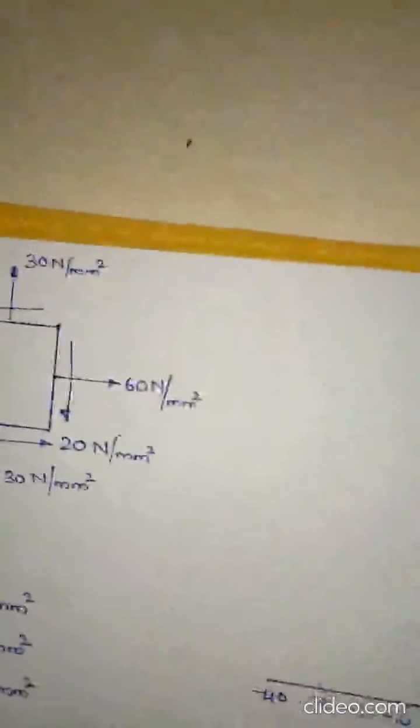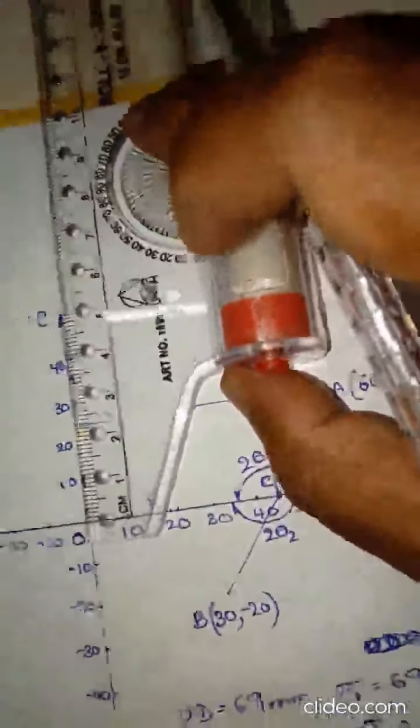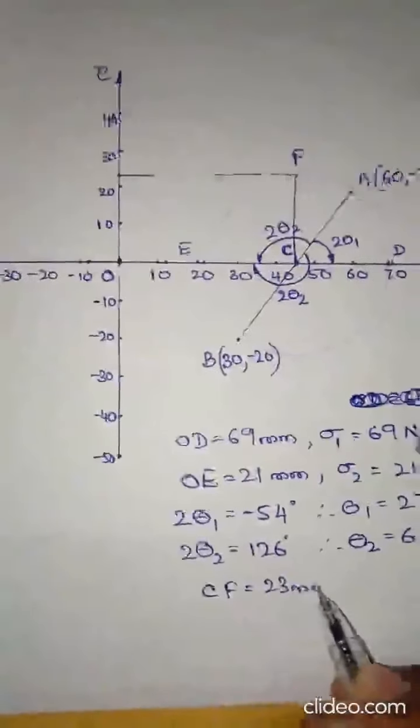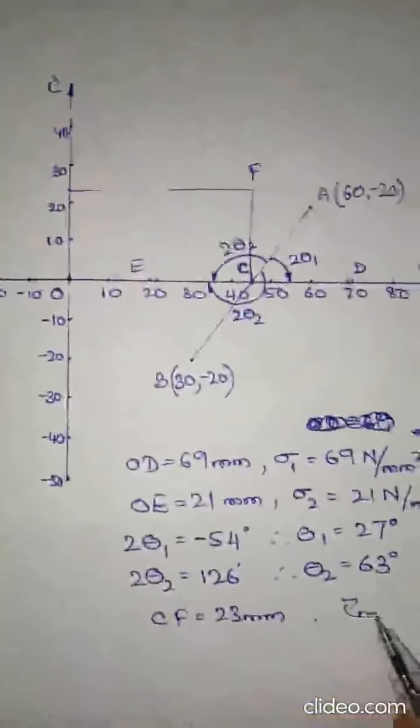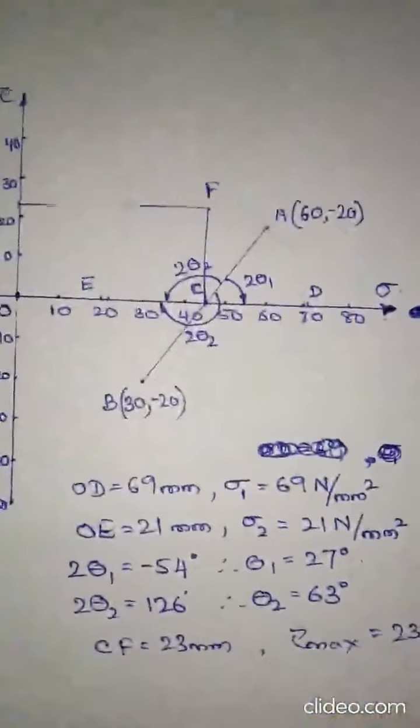From the zero line, it is about 23 mm. So CF is equal to 23 mm, representing tau maximum, which is equal to 23 Newton per mm square.